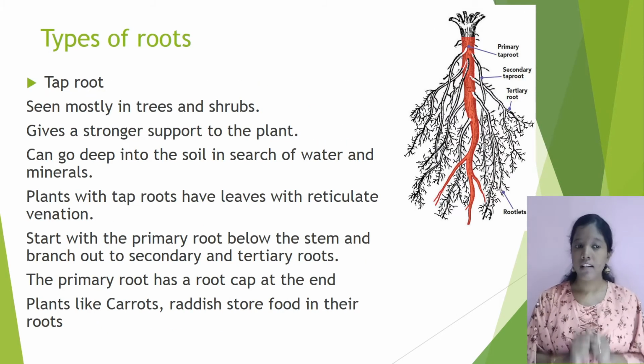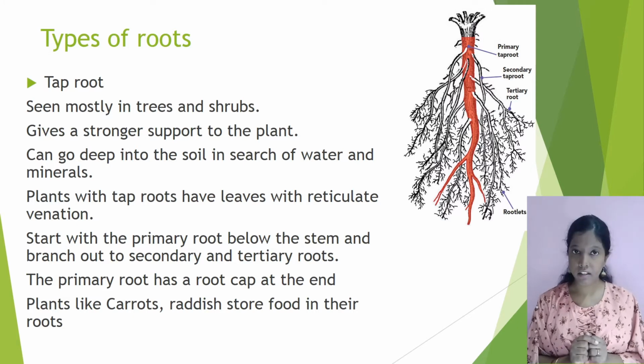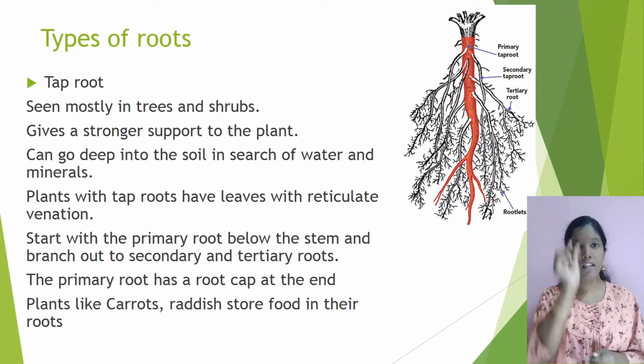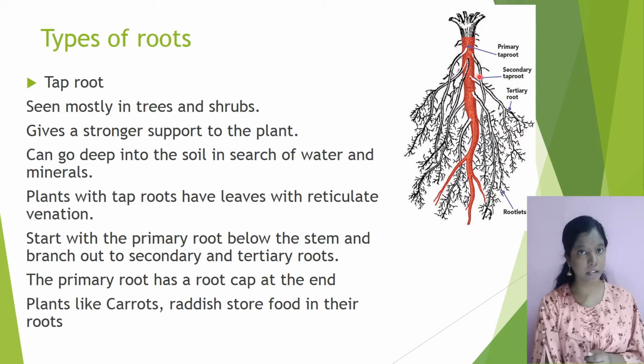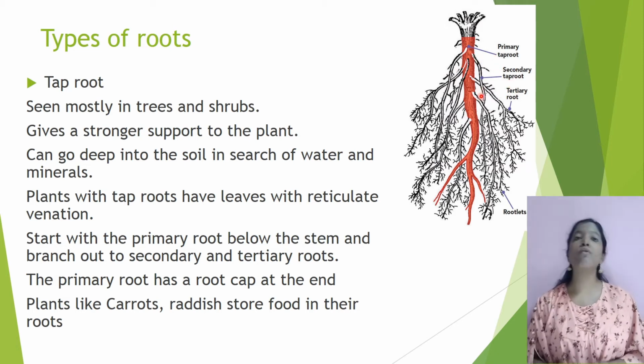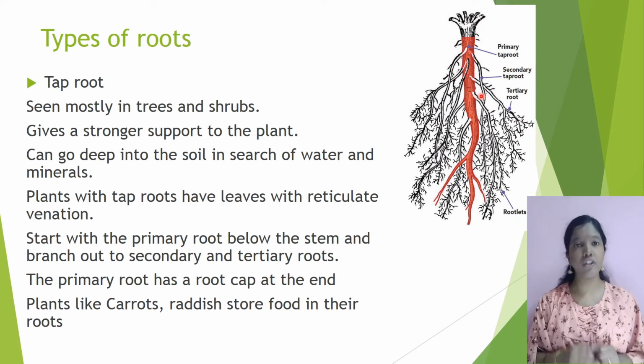Now coming to the first type of root, the taproot system. Taproot means there is a long primary root and small secondary roots coming out from the central primary root. This is mostly seen in trees and in shrubs.